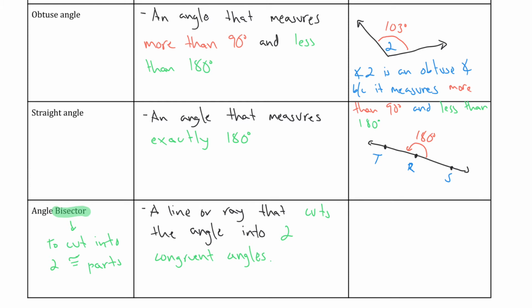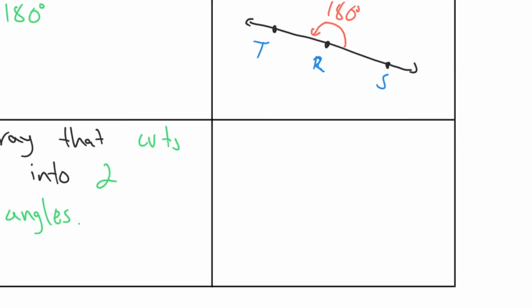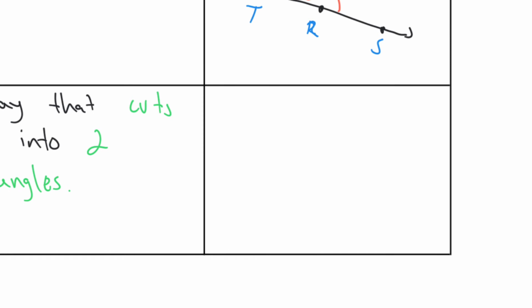Those would be the parts. The reason why we say two congruent parts is because sometimes we don't know exactly what it is that we're cutting, but because I know that an angle bisector has to cut angles, then we should end up with two more angles that are going to be congruent. So, in this picture here, let's again start with an angle.